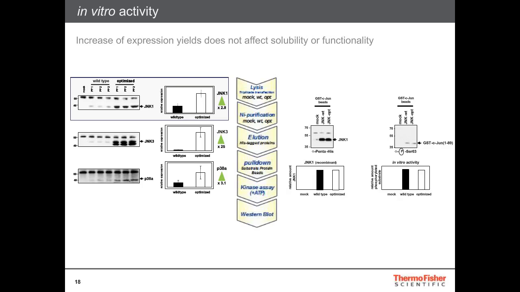And then we could compare equal amounts of kinases obtained from the wild type and the optimized construct in a kinase assay, and we could demonstrate that functionality was completely the same. So there was no negative effect on activity due to overexpression of those proteins.